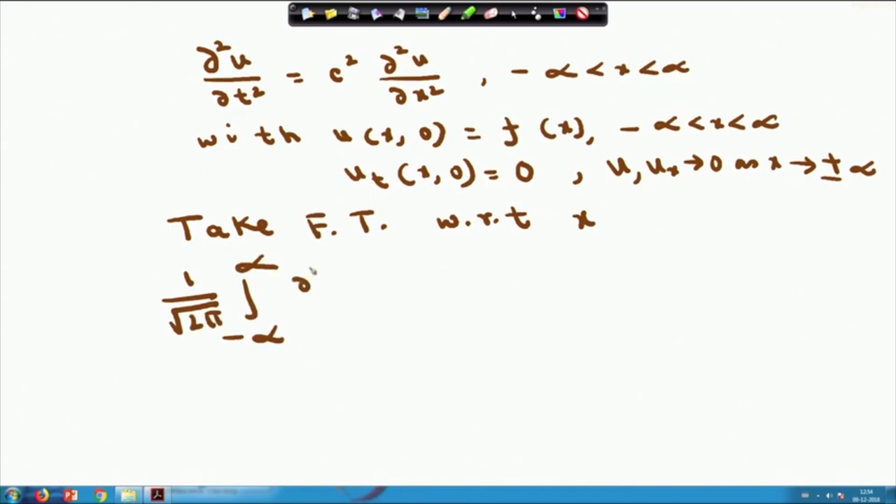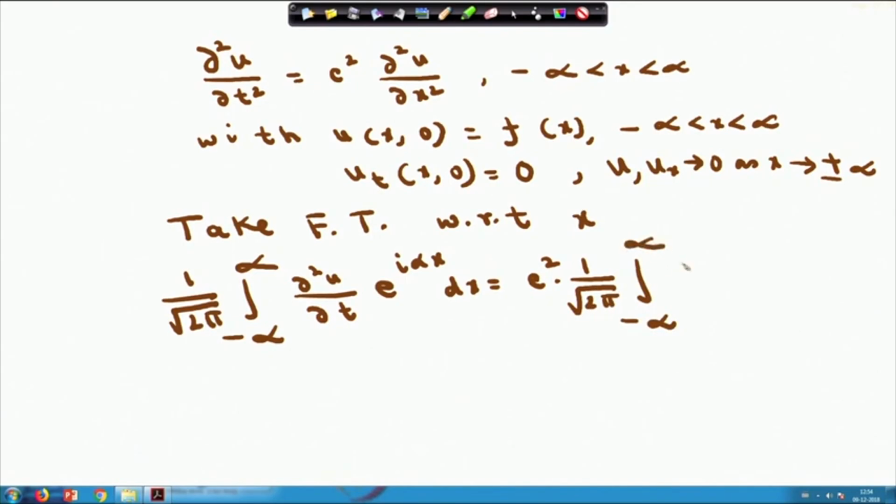Integral from minus infinity to infinity of ∂²u/∂t² into e^(iαx) dx. This is equal to c² into 1 by root 2π, integral from minus infinity to infinity of ∂²u/∂x² into e^(iαx) dx.